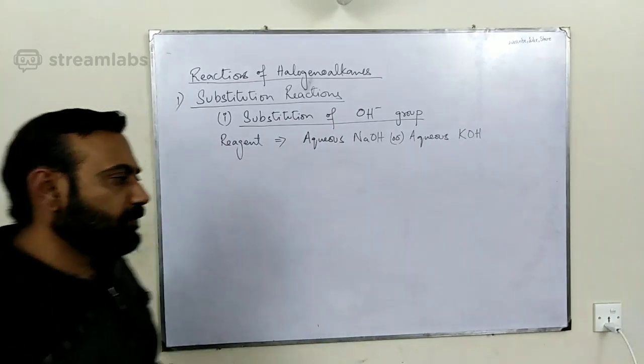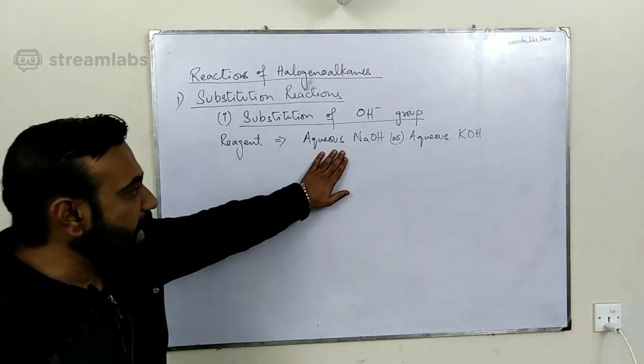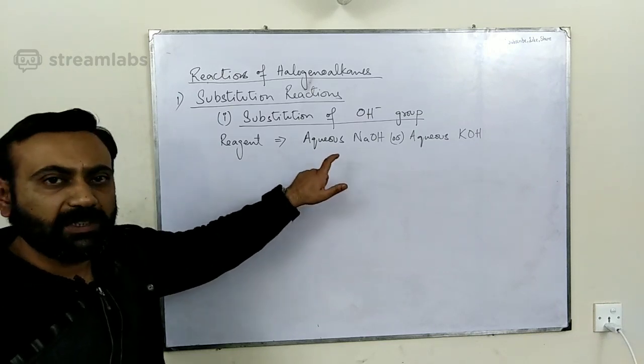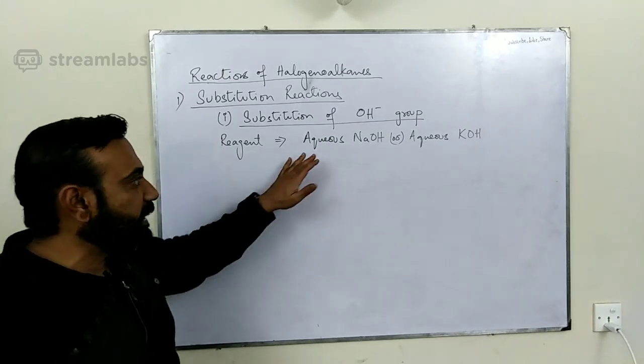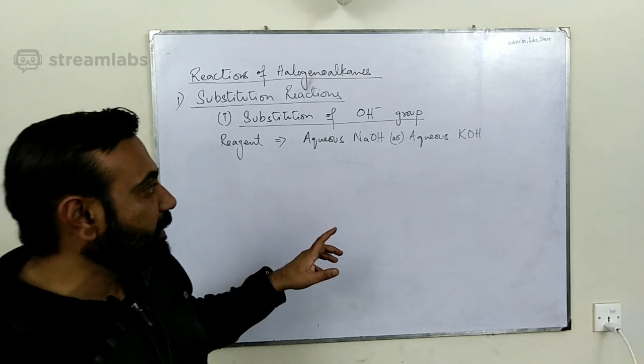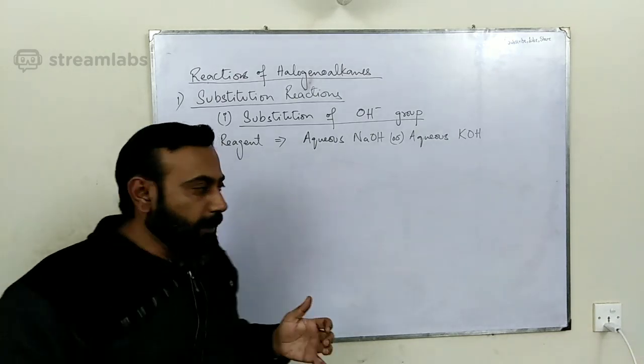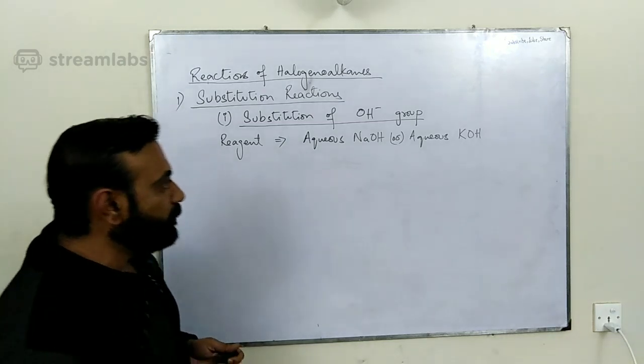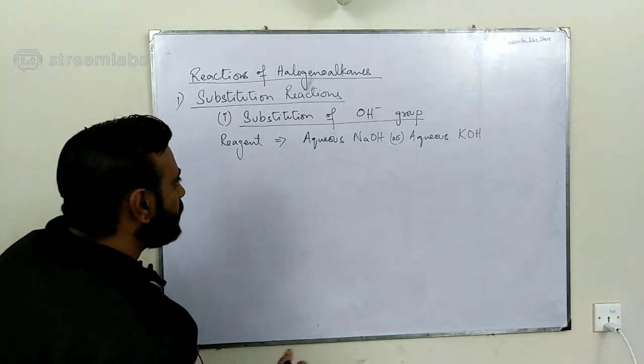We could use either of them, but the sodium hydroxide or potassium hydroxide being aqueous is very important. You must state the term aqueous when you are telling the reagent for this reaction. Why is that very important? You'll know when we deal with a few more reactions of halogenoalkanes.